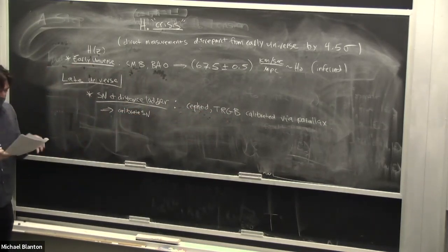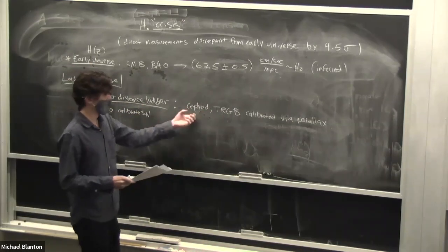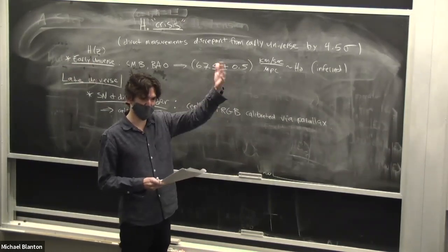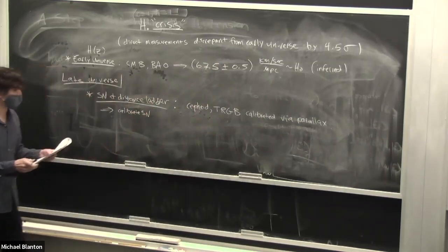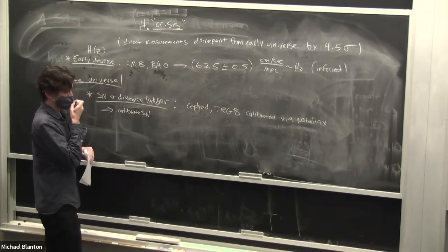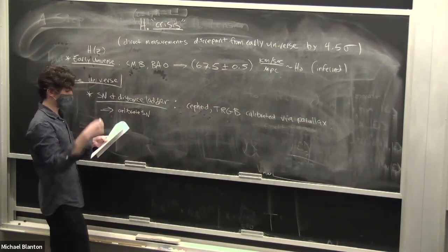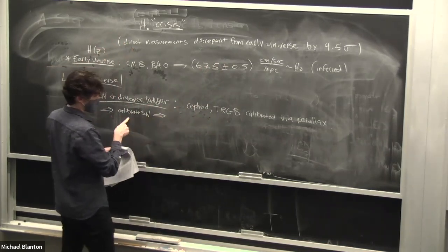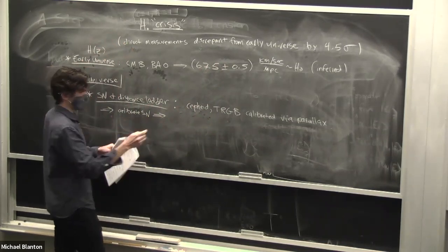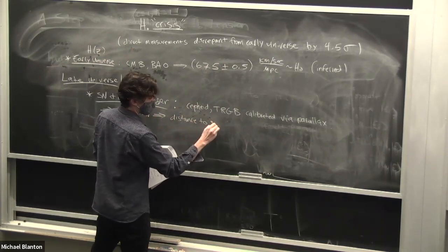They're very bright, allowing you to go out to higher distances. And this gradual sequence of using close by objects to calibrate objects that can take you further and further is what's called the distance ladder. Once you calibrate the physics of supernovae, you look at a supernova that is very distant from you. Now that you have calibrated its absolute magnitude, this allows you to infer the distance to the supernova.